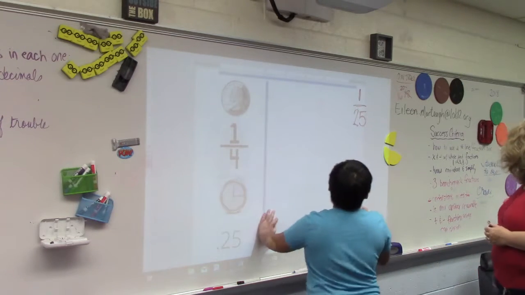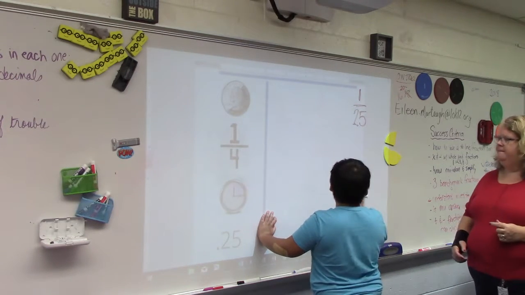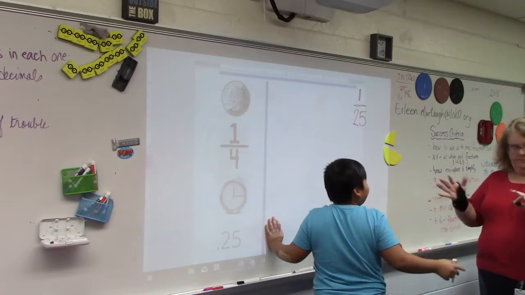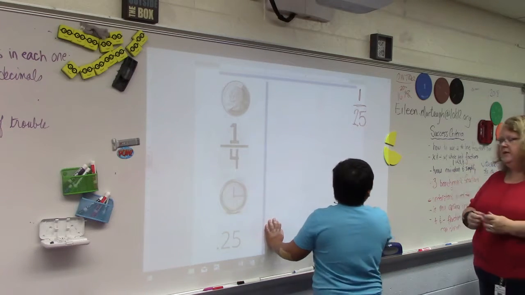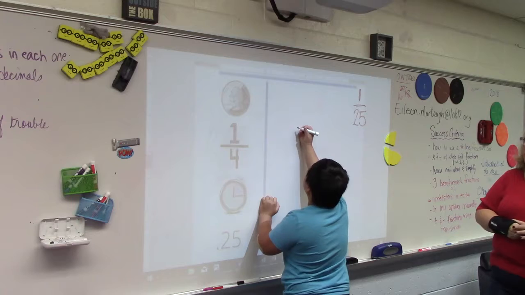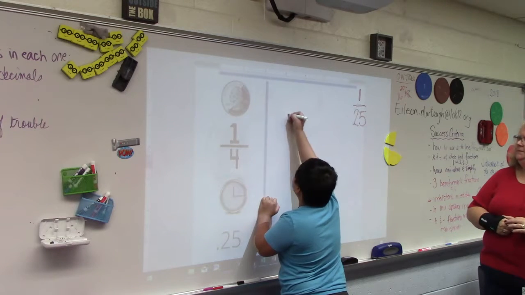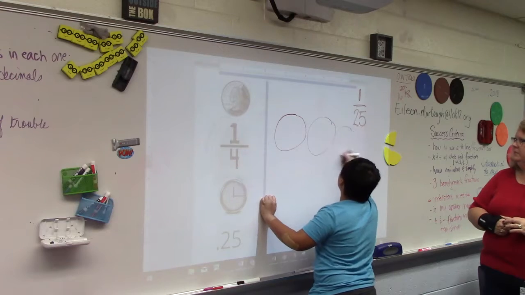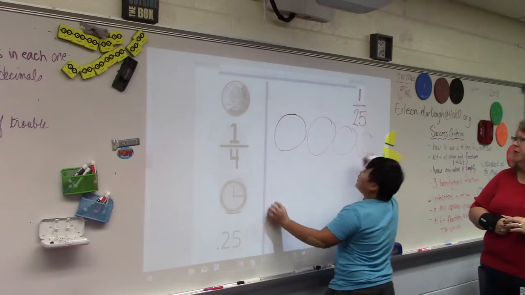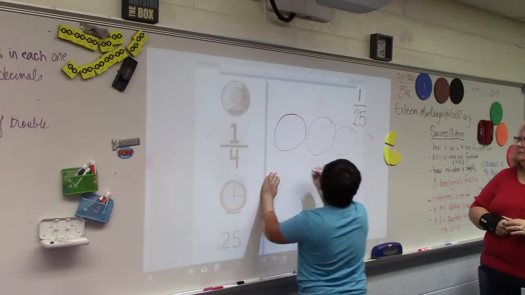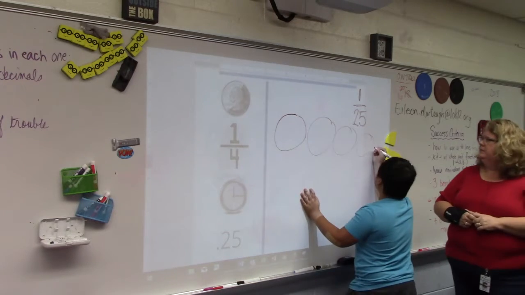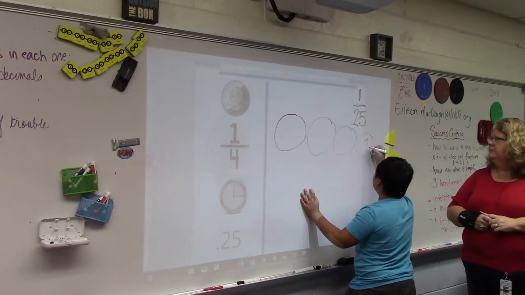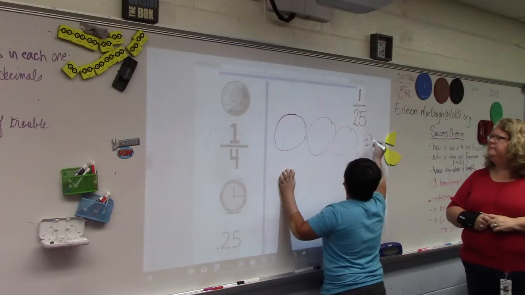Wait, am I doing what he said, or can I do something different? If you want to explain it in a different way, that's fine too. So I'm going to draw 4 circles. And then this last one would be 1/4 or 4/4.